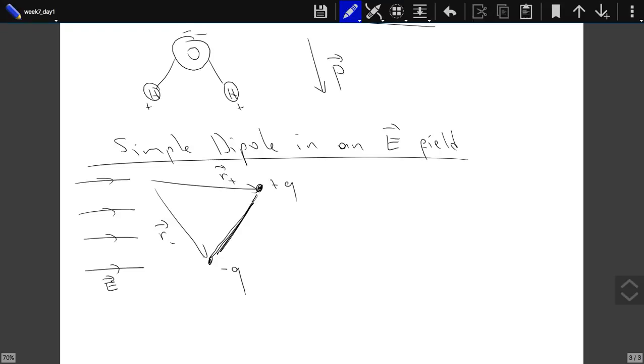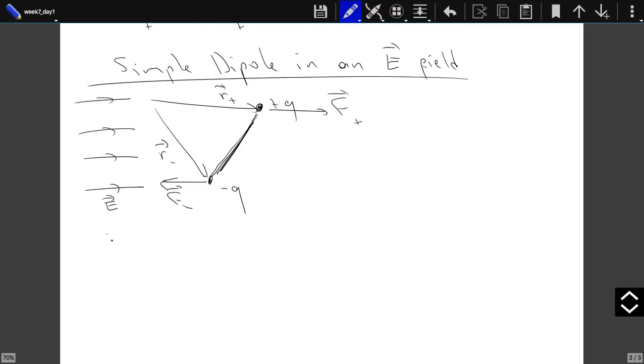Well, this will feel a force in which direction? It will create a torque. So this is F minus. This is the direction of the force felt by the positive charge. And the magnitudes, if E is uniform, will be the same, but opposite directions.